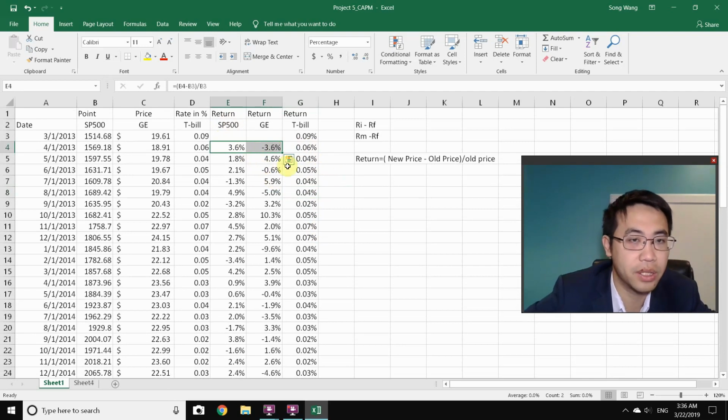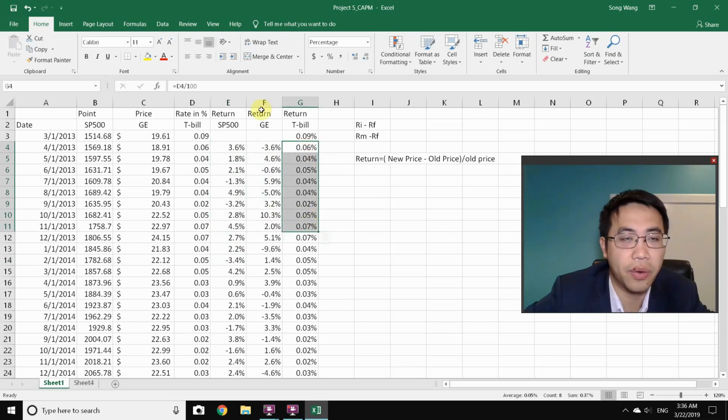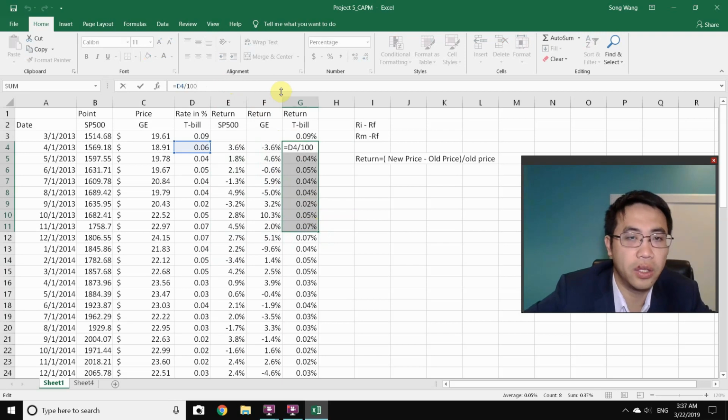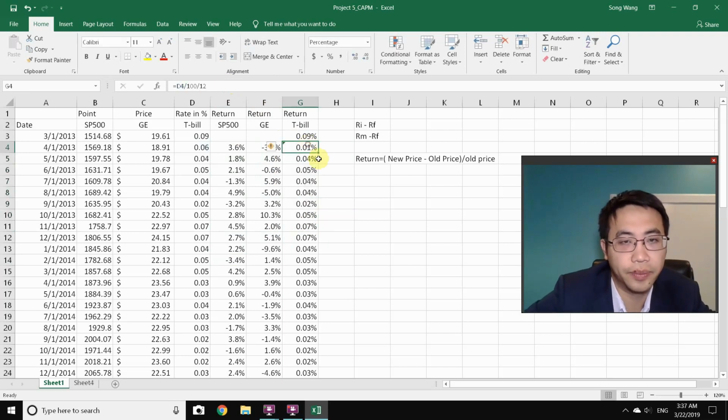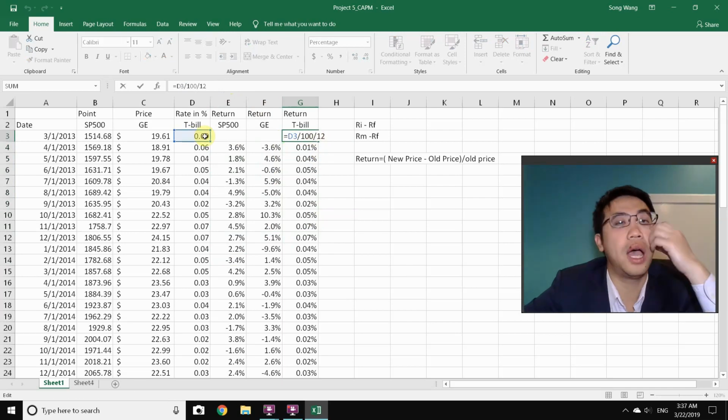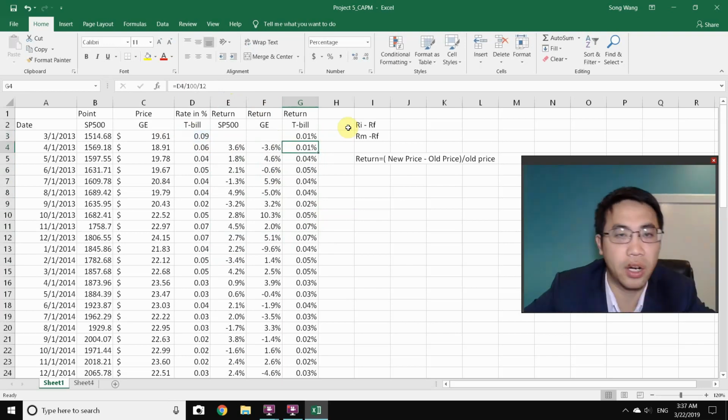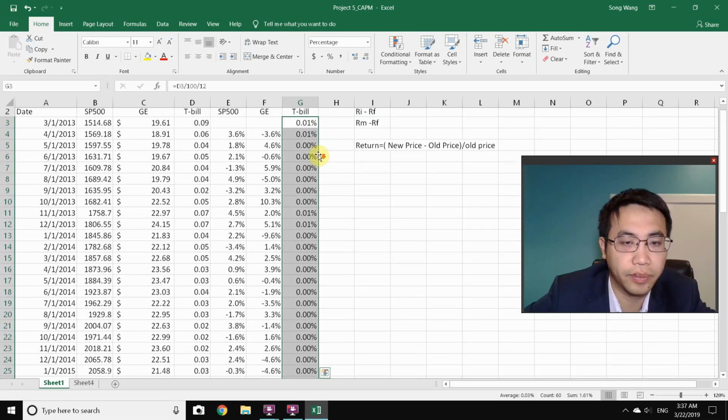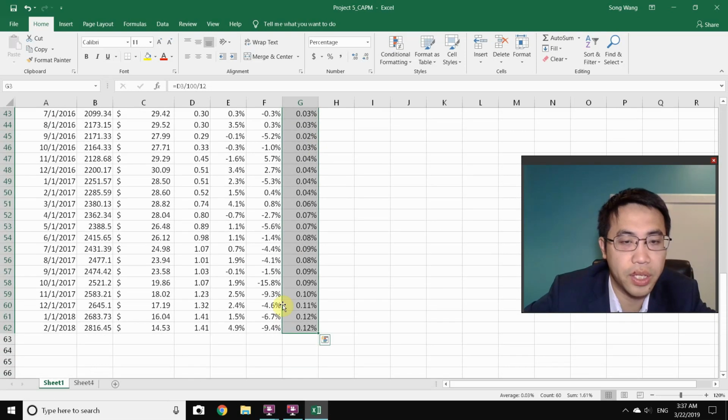So my problem is these are monthly returns, whereas the T-bill is an annual return. So what you need to do here is divide the return by 12. So you see, once you get this annual return, which is 0.09%, you divide it by 12 to get a monthly return. And you know the number will be pretty small, but it's okay. So your monthly return is actually calculated like this.